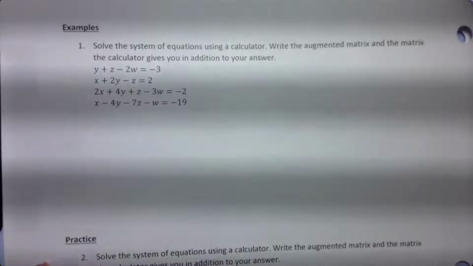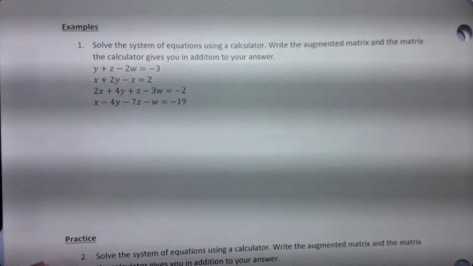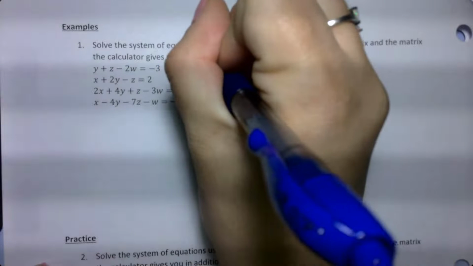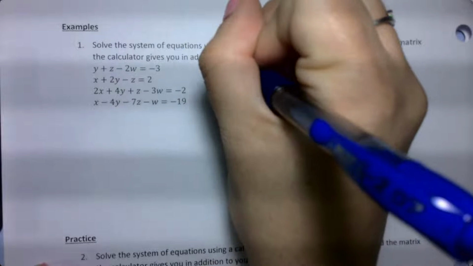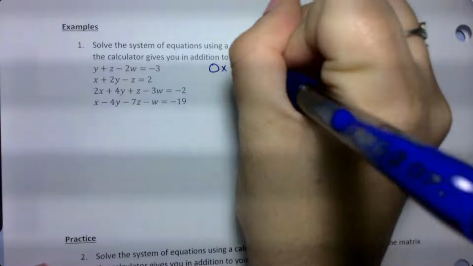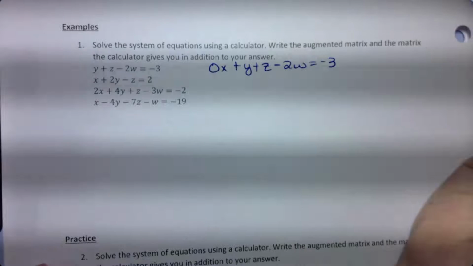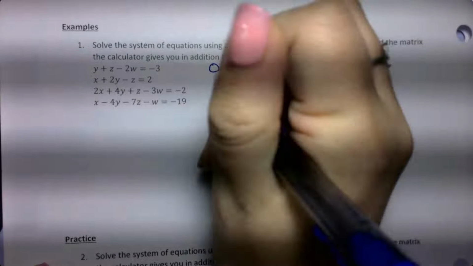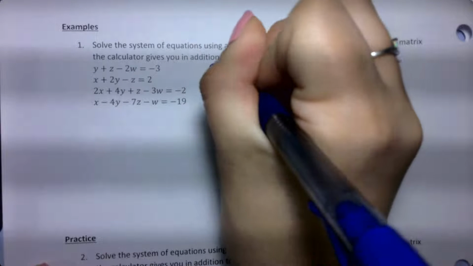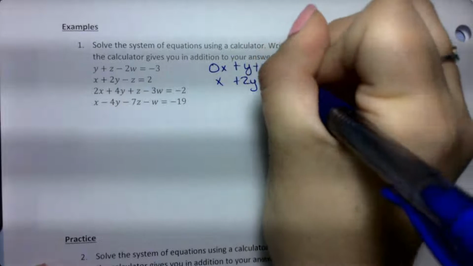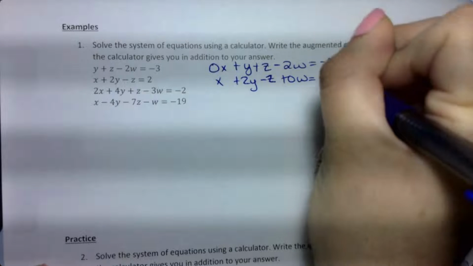Before I even write my augmented matrix, it's pretty good practice to go ahead and write these equations with all of my letters, even if they don't appear. So for example, in my first equation, I'm missing x, so I'm going to write 0x plus y plus z minus 2w equals -3. My second equation is missing w, so I'm going to have x plus 2y minus z plus 0w equals 2.